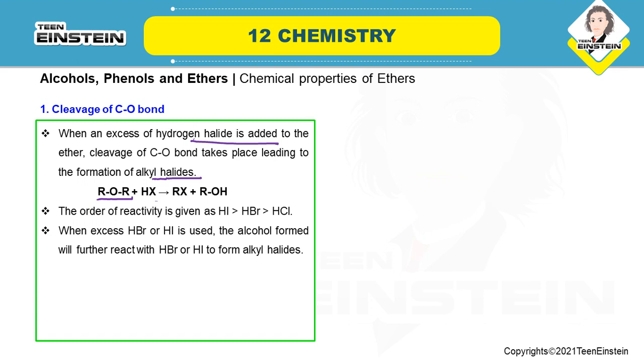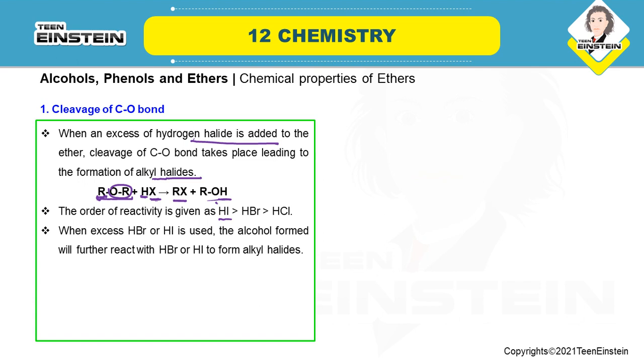So what reaction are we getting? We are getting R now attached to X. So this is alkyl halide, and this OR is now attached to H. So you are getting alcohol. Now the order of reactivity of hydrogen halide, depending on the different halogen atom, it may be HI, HBr or HCl.